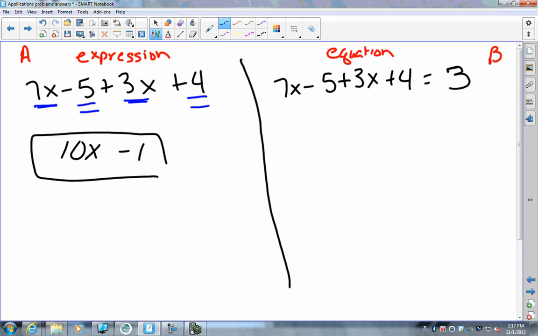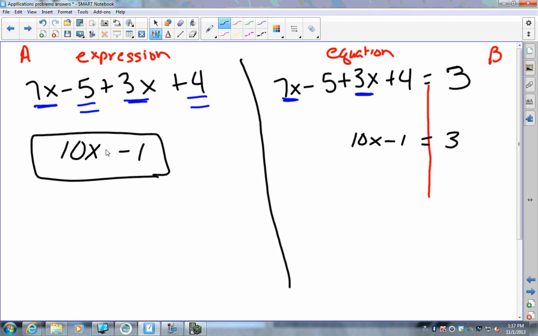This is my answer. The expression, all you can do is combine like terms. On the equation, we have to do the solving. The left-hand side would be exactly what we just did. I would have 10x minus 1, and it equals 3.